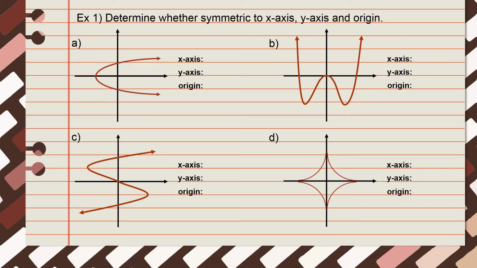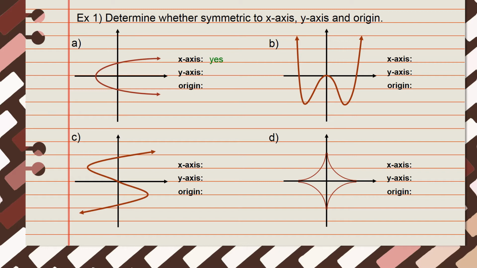Example 1 says, determine whether symmetric to the x-axis, y-axis, and origin. Looking at graph A, it appears to be a sideways facing parabola. And so first we were being asked to determine if this is symmetric to the x-axis. In other words, is this a reflection in a lake or a pond? Yes.